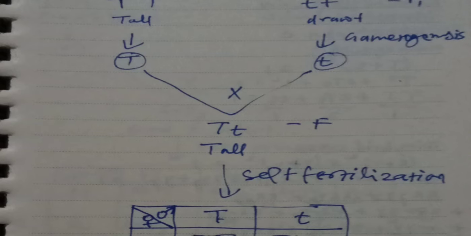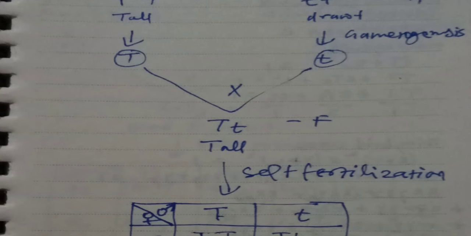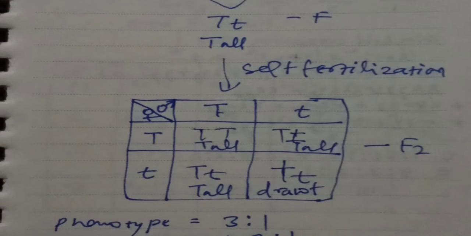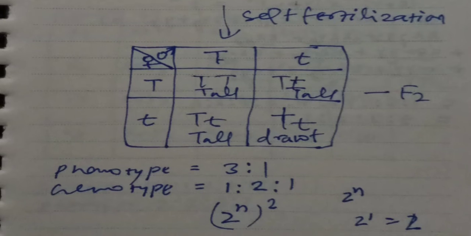When we make self-fertilization or self-pollination, we can conclude using a checkerboard. Gametes formed are capital T and small t. Male gametes are represented by an arrow with O, and female gametes are represented by a plus and O. So we make the cross and find the genotype and phenotype.